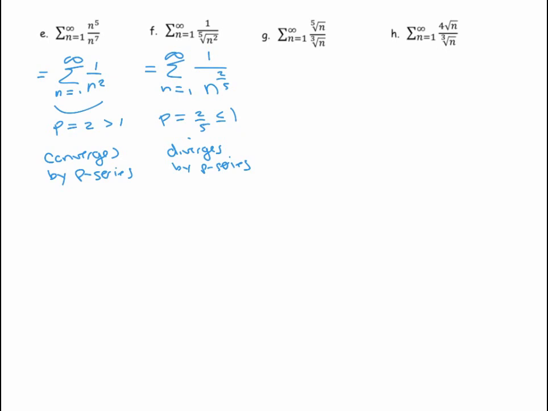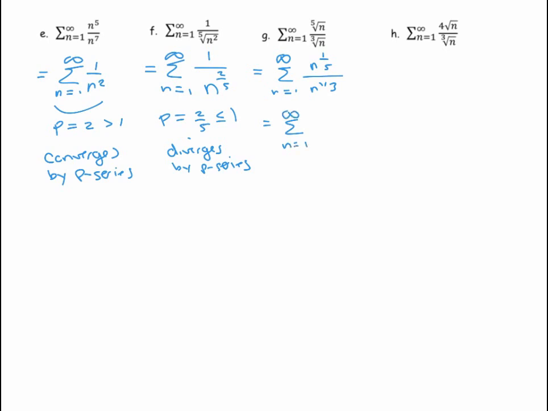You want to use properties of exponents appropriately. So I could write this one as n to the 1/5 divided by n to the 1/3. And then we could write that by just subtracting those exponents.